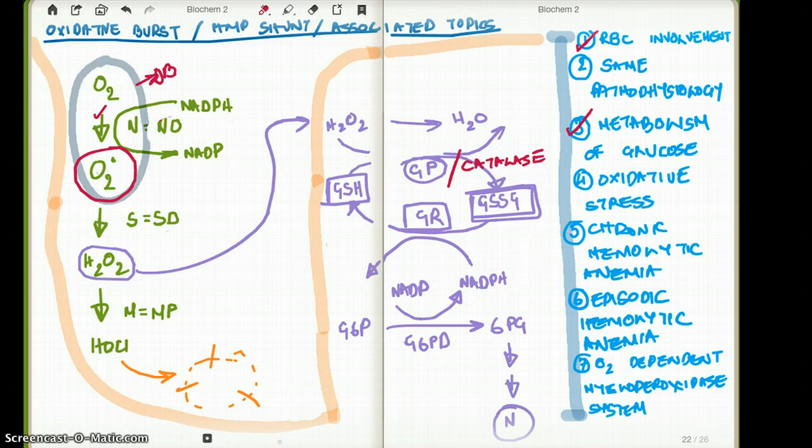This is important because if you have bacteria which can make catalase, for example, Staph aureus, okay, this can make catalase, and you use hydrogen peroxide to kill Staph aureus in our body. But Staph aureus can make catalase.